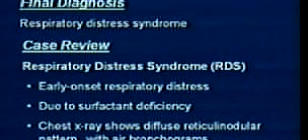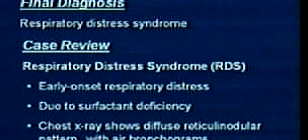So if you see ground glass, or the buzzword air bronchograms, or a reticulonodular pattern, your diagnosis should lead you to respiratory distress syndrome. And again, the way you're going to manage that is with intubation and surfactant therapy.